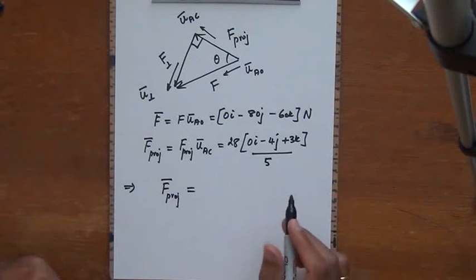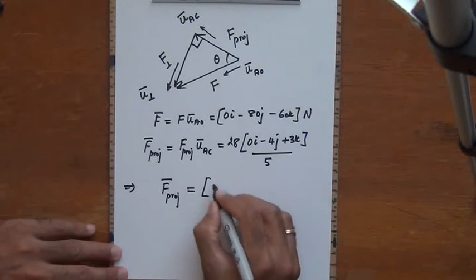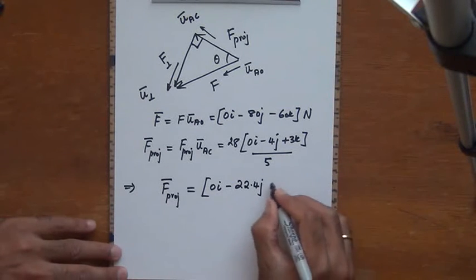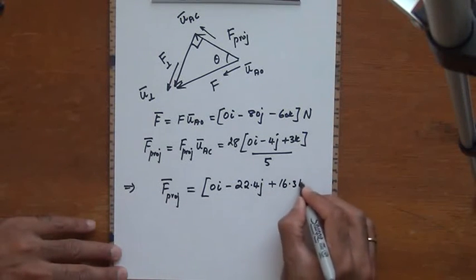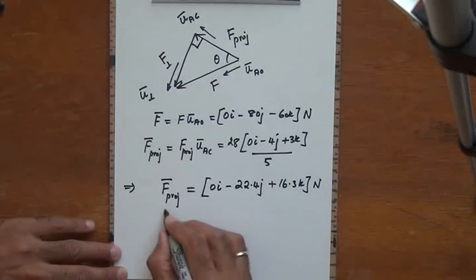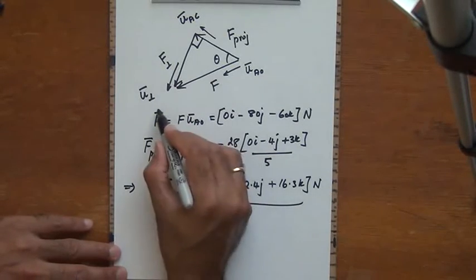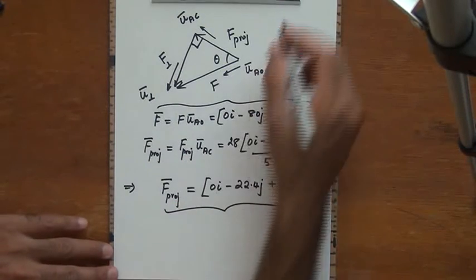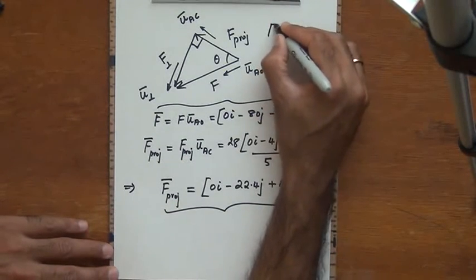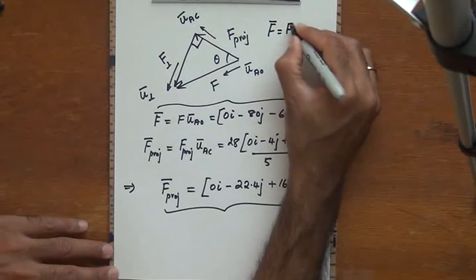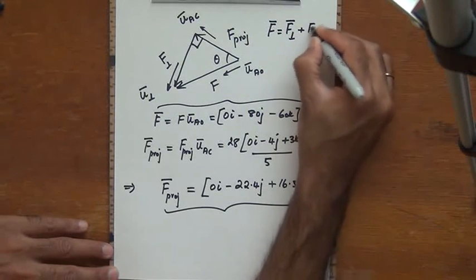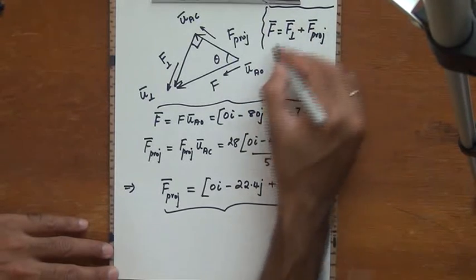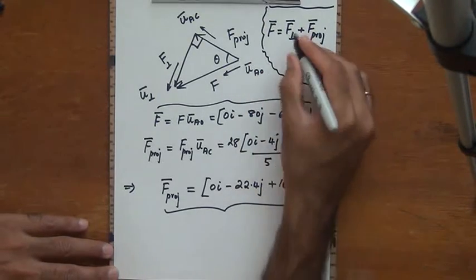After doing all these simplifications, this is going to be 0I minus 22.4J and 16.8K, so many newtons. And this is the force vector F. Now how do I find F perpendicular? I have the triangle law of addition here. Force F is F perpendicular plus F projection. This is the triangle law of addition.